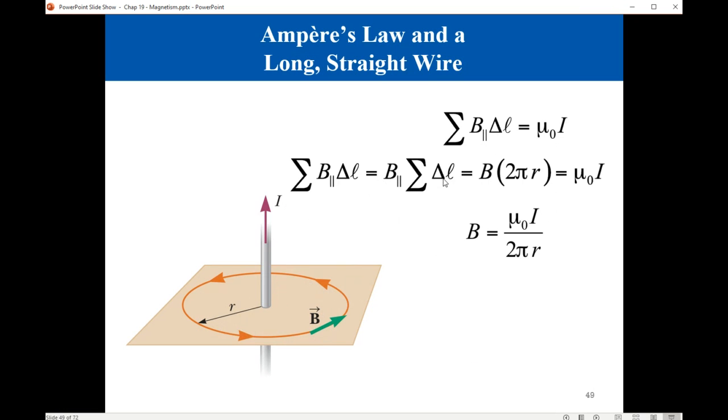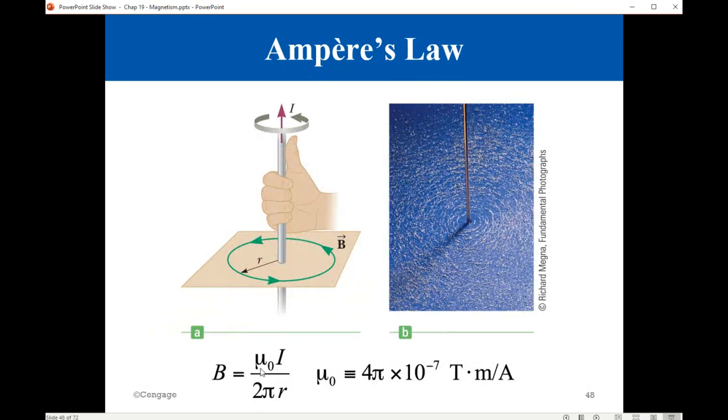And when you add up all the delta L, you get the circumference 2 pi r. So B times 2 pi r equals mu naught multiplied by the total current. The total current in the loop is just I. So from this equation, B equals mu naught I over 2 pi r. So the result that we use here is derived using Ampere's law.